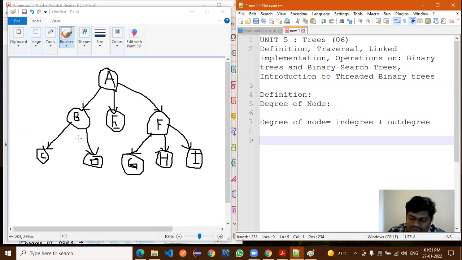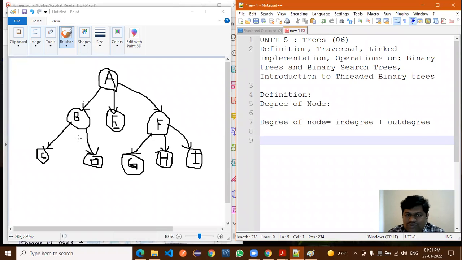The thing you need to remember is that the in degree of the root node is always 0, and all the remaining nodes have in degree exactly 1.